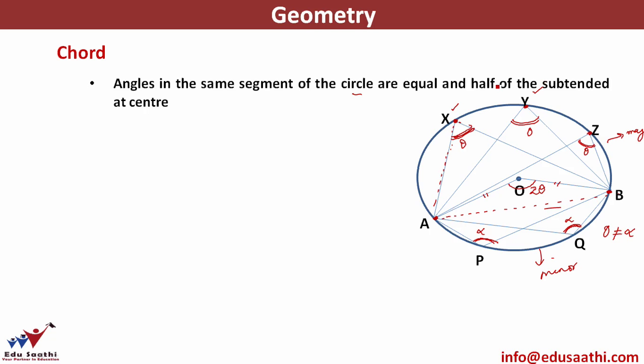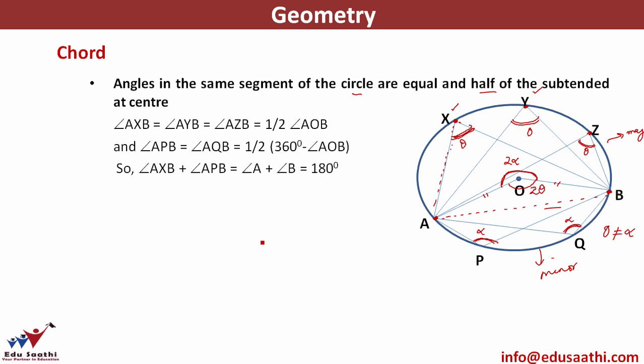If I just extend this theorem also, the angle subtended at the center has to be twice the angle subtended at the circumference. So the angle which is subtended by the minor arc AB at the center would be this angle that I'll have. So if I look at it, I can find out the relationship between theta and alpha.